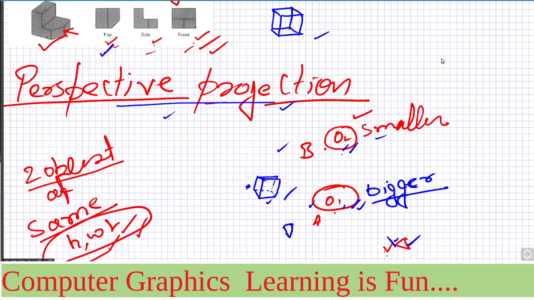Also, one thing that I can say is about depth. Have I said these things, parallel and perspective? No problem. Let us talk about depth cueing.